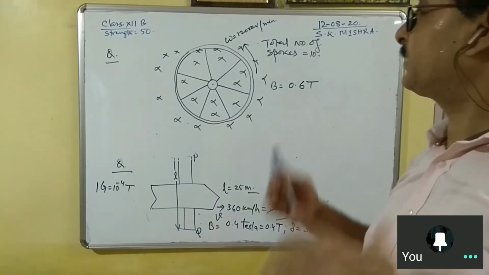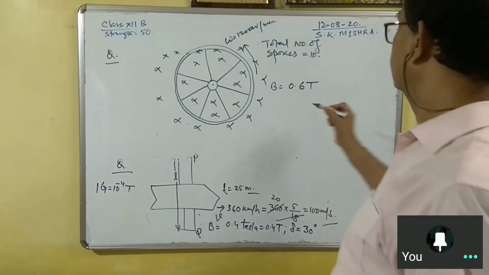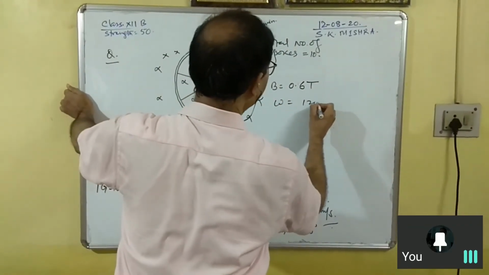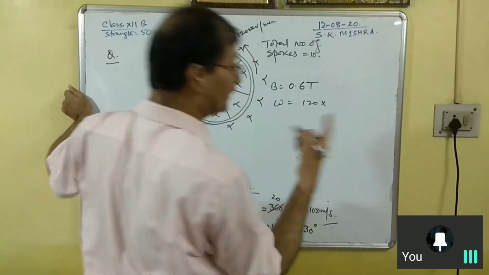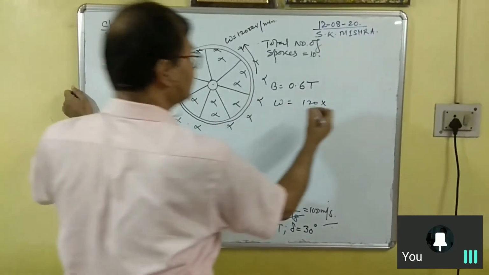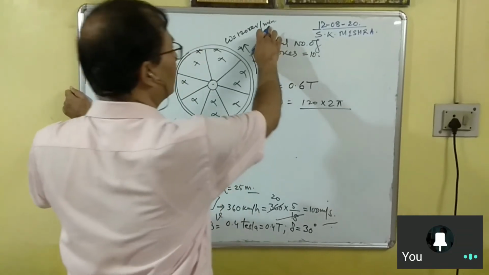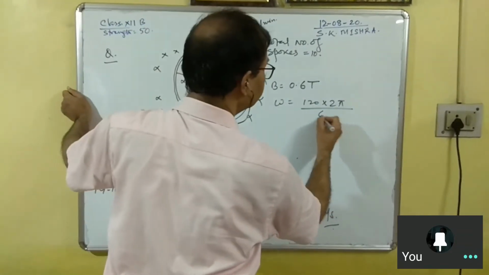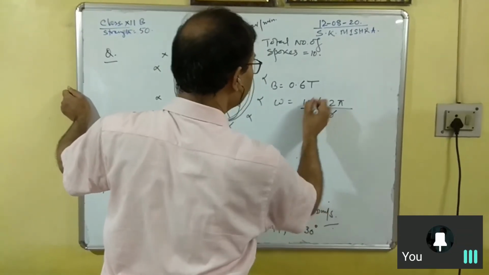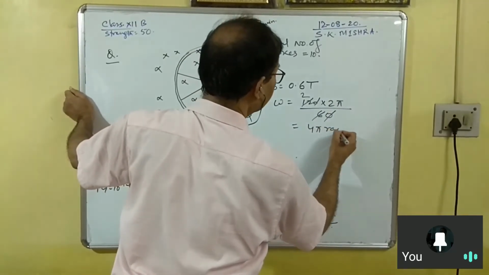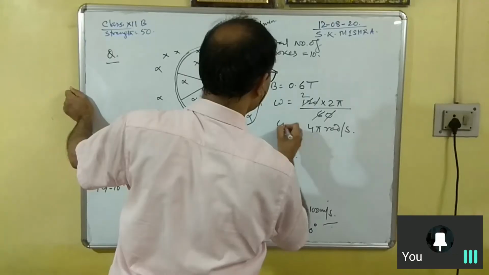So how will you convert into radian per second? So omega is 120, and in one revolution the total angle subtended at the center will be 2 pi radian, divided by 60, since 1 minute means 60 seconds. Should I cancel? So it's how much? 4 pi radian per second is omega.